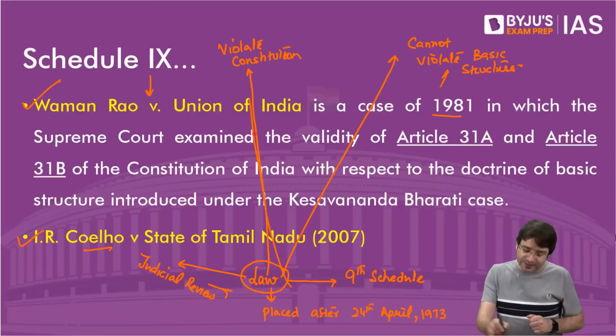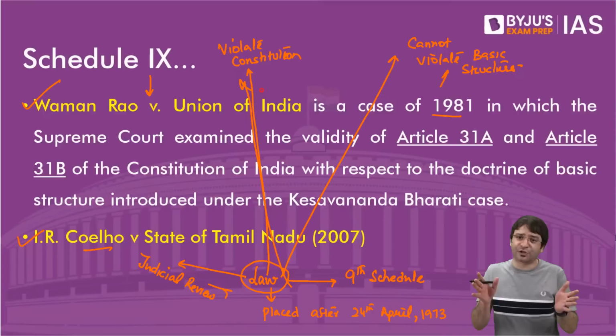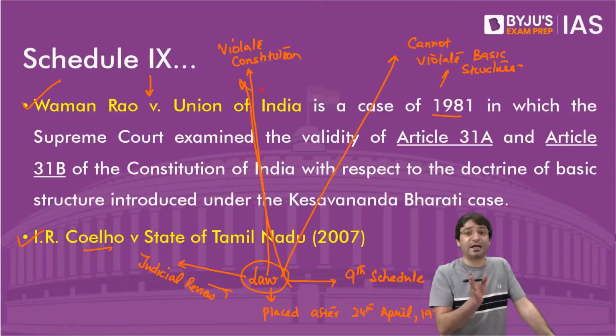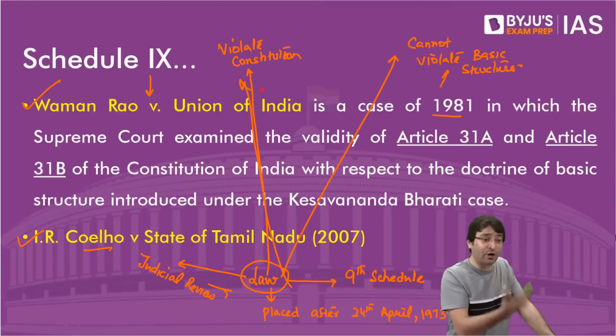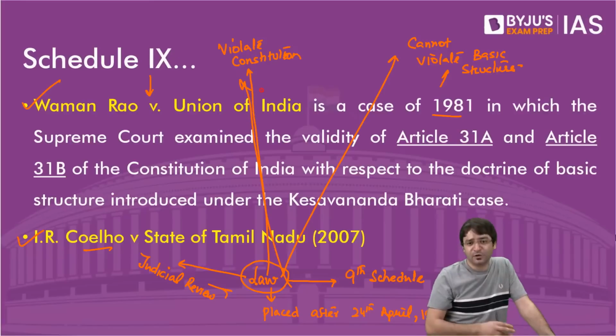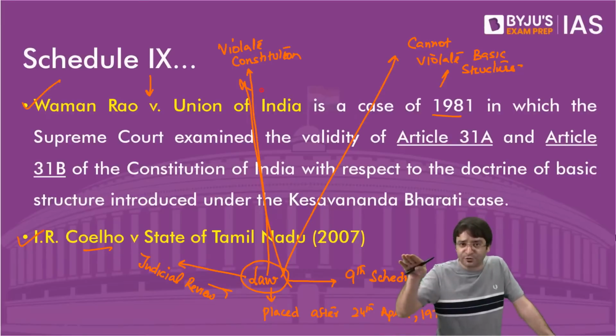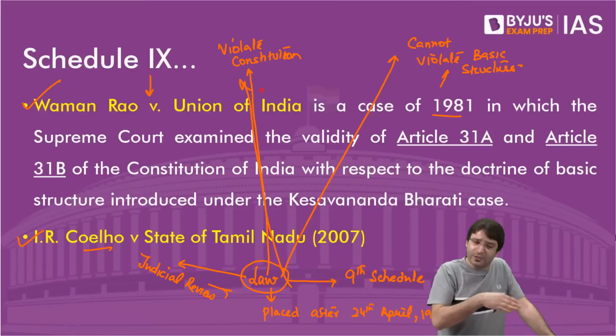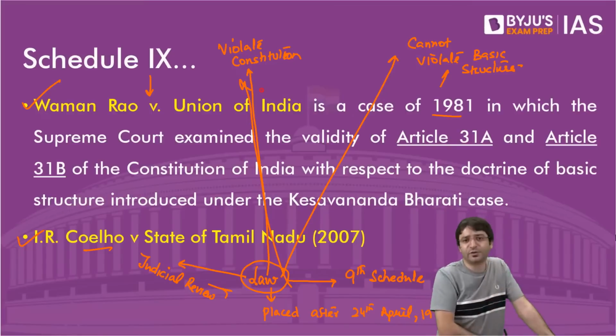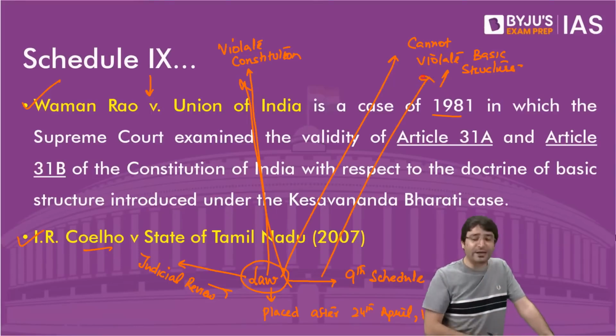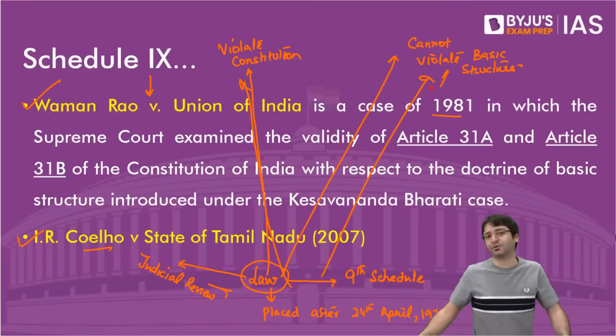It cannot violate the basic structure of the Constitution, but it can violate other provisions of the Constitution which are not part of the basic structure. So if a law violates the Constitution, the law is unconstitutional. But if this is a law which violates the Constitution but is placed in the Ninth Schedule, it gets protection, the law is not unconstitutional. That means the only restriction is that this law placed in the Ninth Schedule should not violate the basic structure of the Constitution.